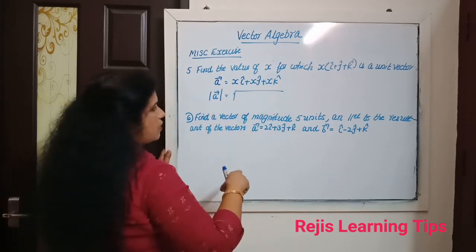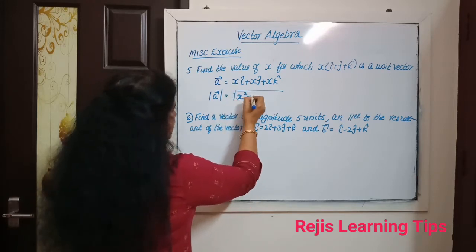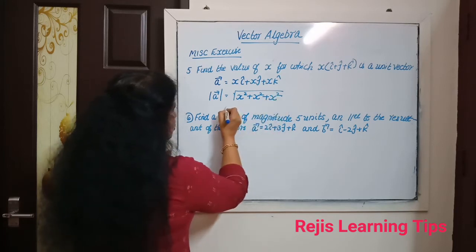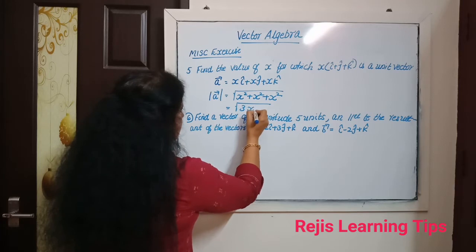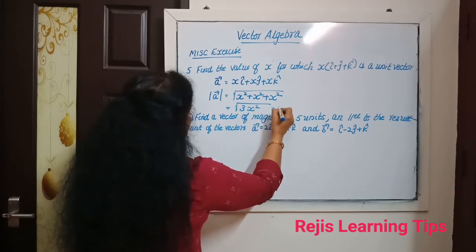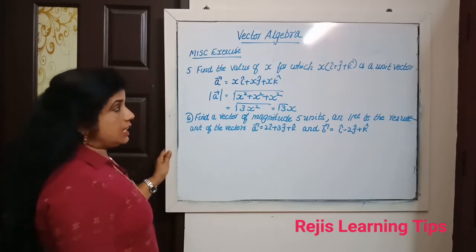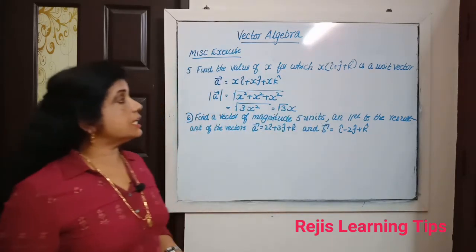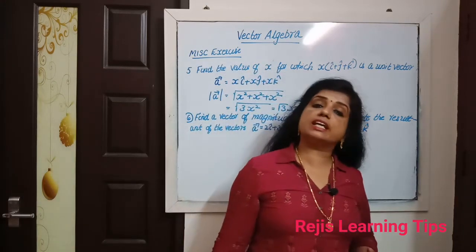Okay, then we can find the modulus of the given vector. How can we find the magnitude of this given vector? Modulus of vector A is equal to root of x square plus x square plus x square, that is equal to root of 3x square, that is root 3 x. Okay, then x(i cap plus j cap plus k cap) is a unit vector, that is already given there.